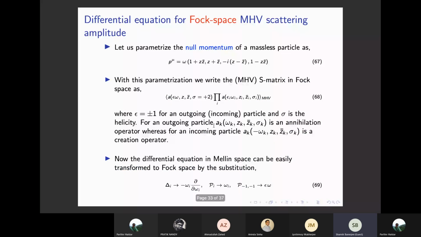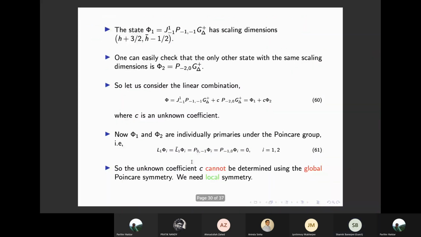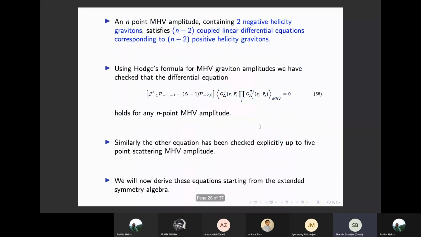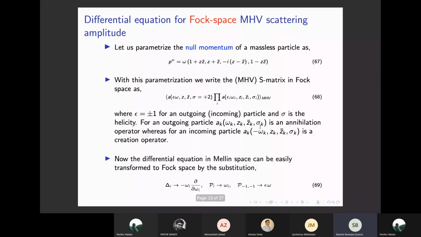And now the point is that since it's an integral transformation, you can write down these differential equations for the Fock space amplitude. For that, you have to make these replacements, and I can denote the Fock space amplitude in this way, where this epsilon is plus or minus 1 depending on whether the graviton is outgoing or incoming.